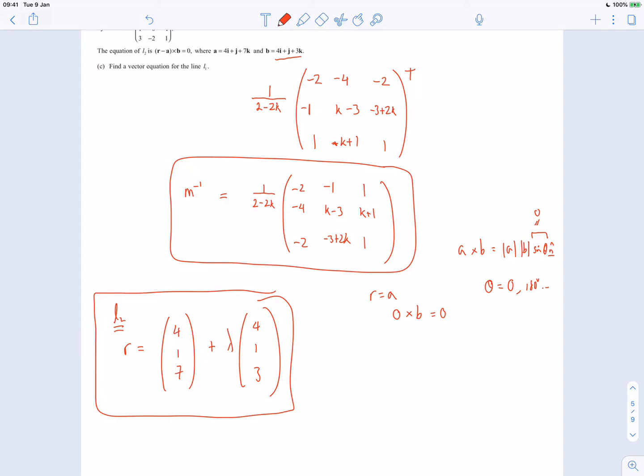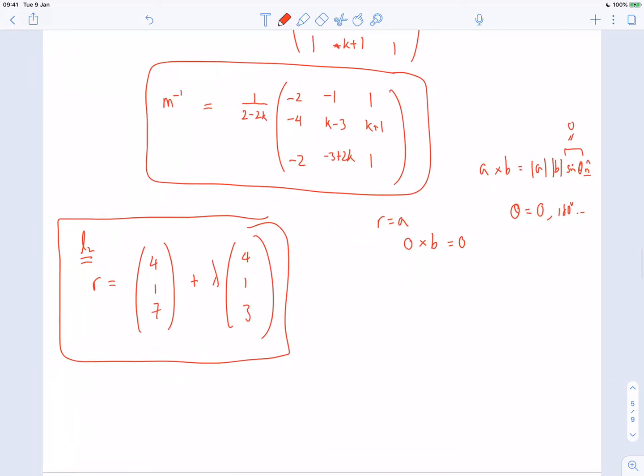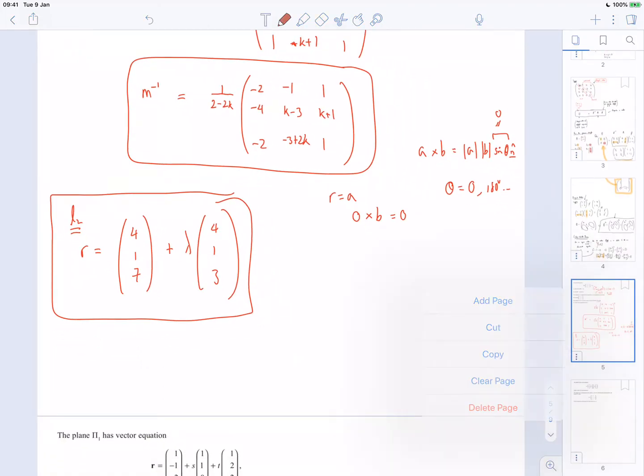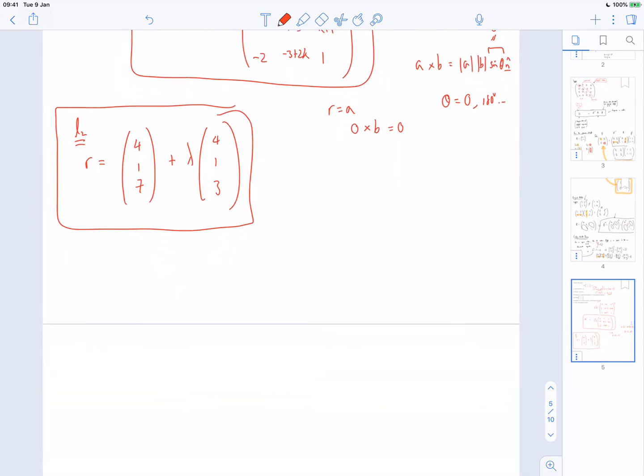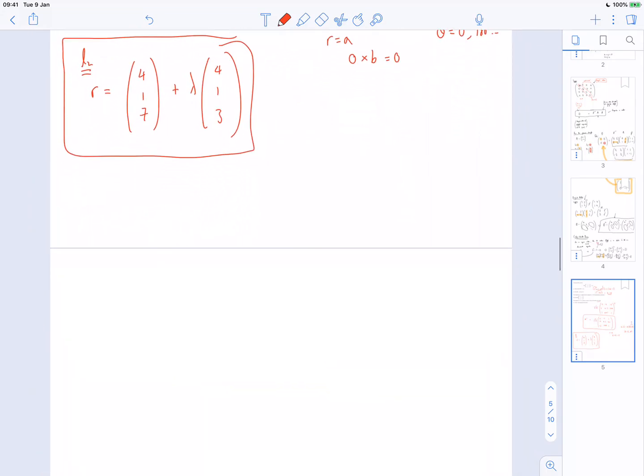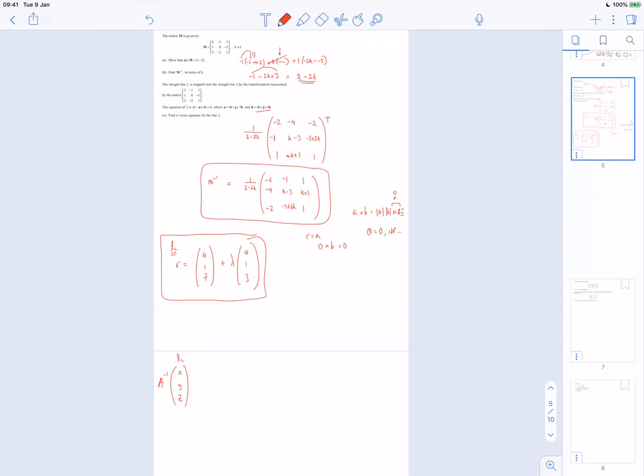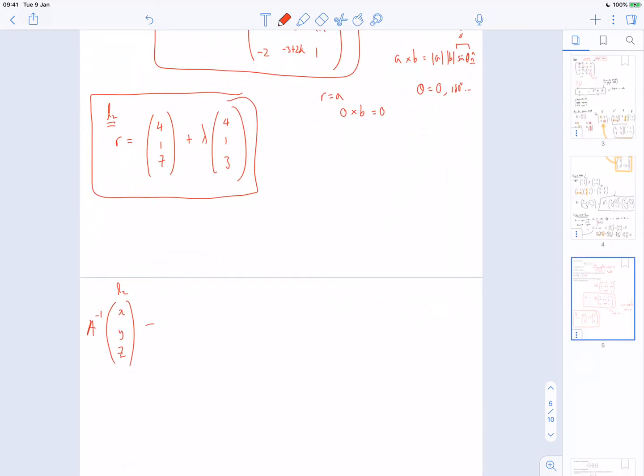So if I was to write that, I'm going to need more space, aren't I? If I was to write that in terms of x, y, and z, then let's say x, y, z is the column vector, and this is for a general point in L2, then if I apply the inverse matrix of that transformation, and let's call this matrix A, then it will output L1 for the x's, y's, and z's.